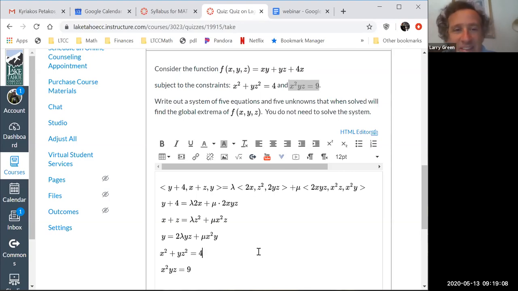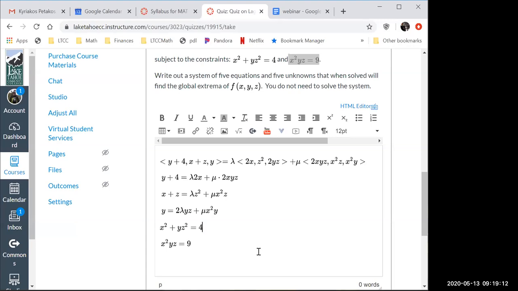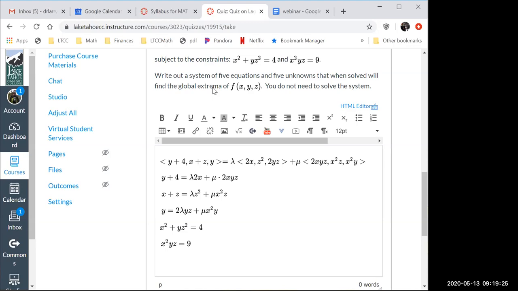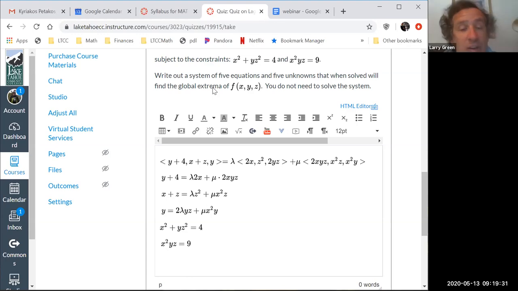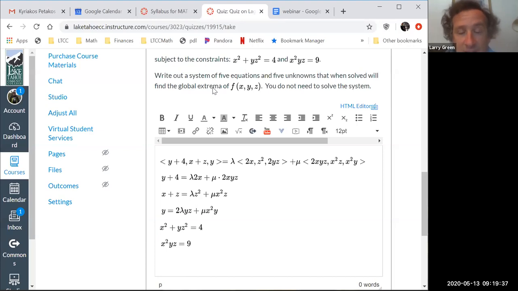Okay, any questions at all on this quiz? Will we have a problem like that on the exam? We won't have this exact problem, but anything you've seen in class is fair game. But one of this complexity, and actually having to solve the system of equations? Oh no, I would never make you solve something this horrible. Could I ask you to set it up? I could do that.